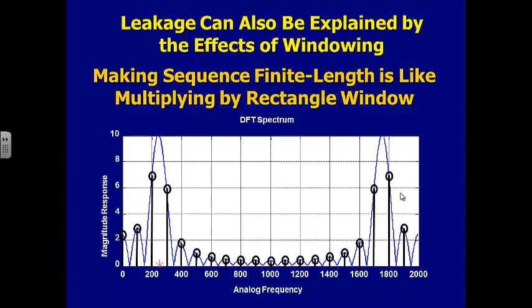So we are convolving our nice spike with a sinc function, and the blue is the true DTFT spectrum of that windowed combination. The DFT is giving us samples of it that in this particular case happen to fall here and there on the main lobe and at the peaks of all these side lobes, giving us all that leakage.